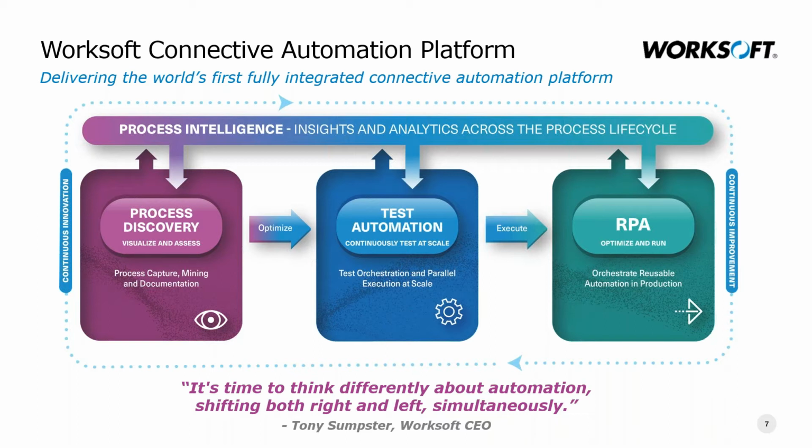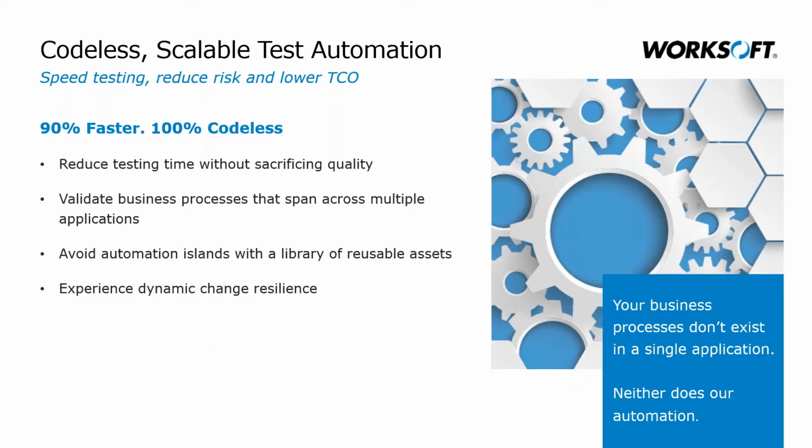Process intelligence is how we really do this right: we're ready, ready, aim, fire. So we start from an intelligence standpoint, automate what we need to, and then we carry that forward all the way into production.